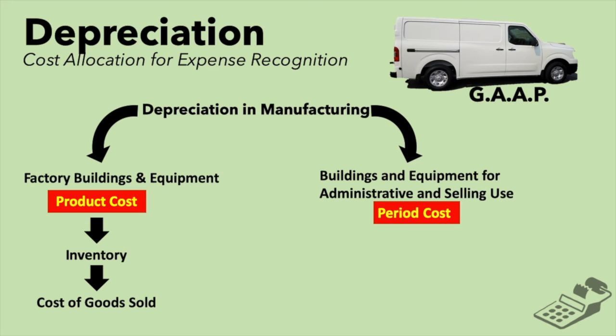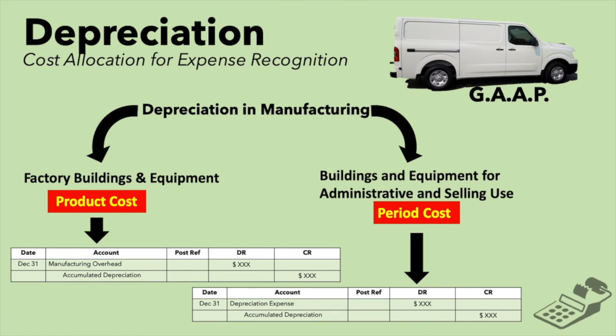Since it's a product cost, or a cost of making the product, it goes into inventory, and then it will be expensed through cost of goods sold when the inventory is sold. The depreciation on buildings and equipment for administrative or selling use goes straight to depreciation expense. That's the typical entry that we have seen in most of the coursework that we take in accounting.